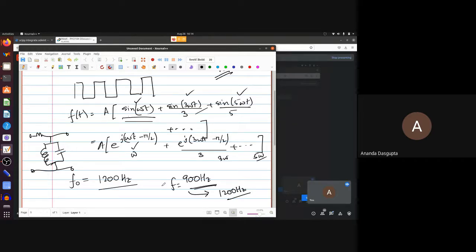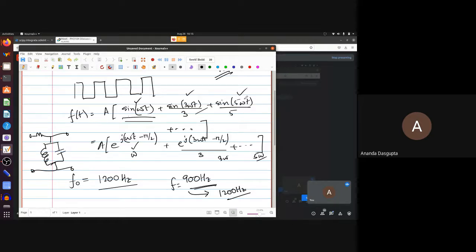Basically, because the 1200 hertz component will almost go through in its entirety. The other components, say the 3600 hertz component or the 6000 hertz component, the multiples, they are so far away from the resonance that they will hardly show up. So basically, your output will look like 1200 hertz.